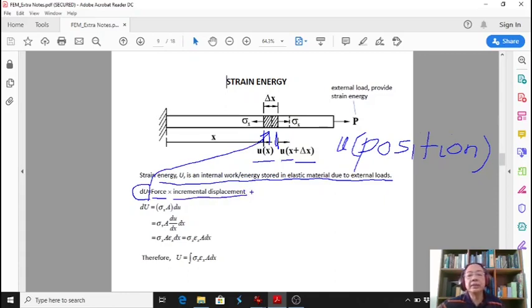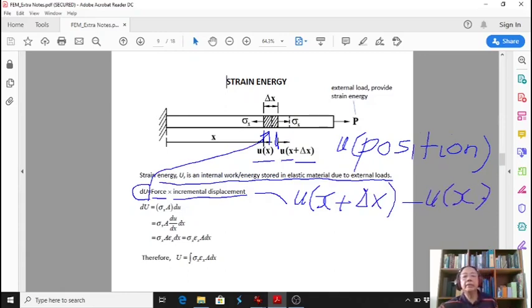So incremental displacement here is u(x plus delta x) minus u(x). What we mean by incremental displacement is u(x plus delta x) minus u(x).